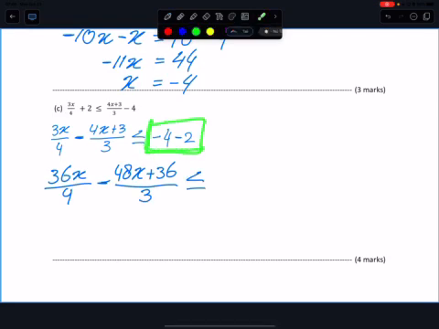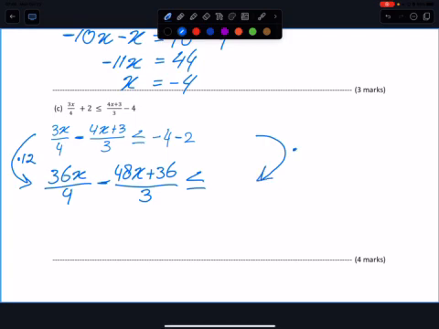Minus 4 minus 2 is negative 6. Multiply that with 12 as well. Everything gets multiplied with the lowest common multiple of 4 and 3. Becomes negative 72.